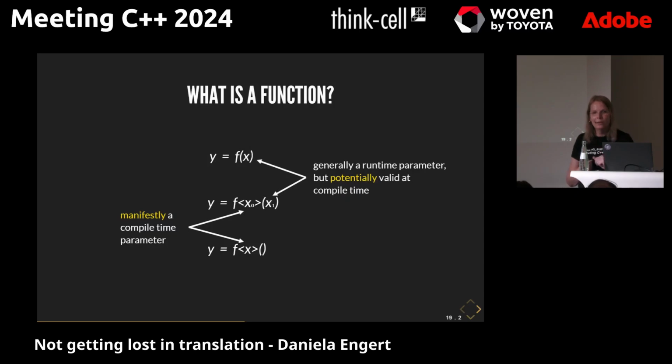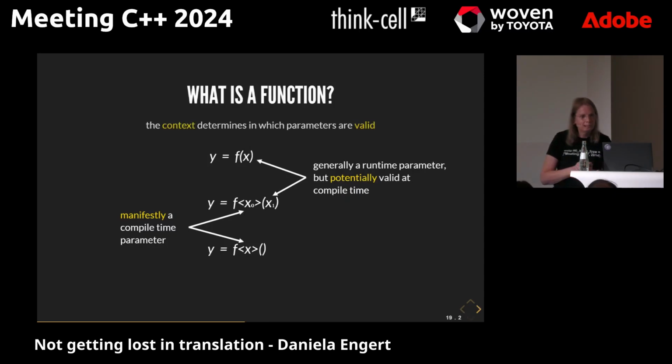So we call them template parameters and template arguments and template argument type deduction and all this kind of stuff. But these are just additional parameters to our functions that are known at compile time. And only the context determines which kind of syntax we have to use here.